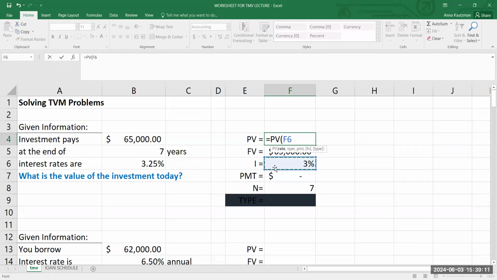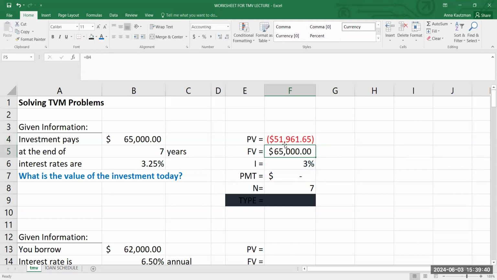Click on the rate, comma, because that's a separator. Number of time periods, that's the 7, comma, PMT, which is payment. There's nothing there, but we have to tell Excel that it's a 0. And then the future value, which is there, and then we're not using type. And you can just press enter.